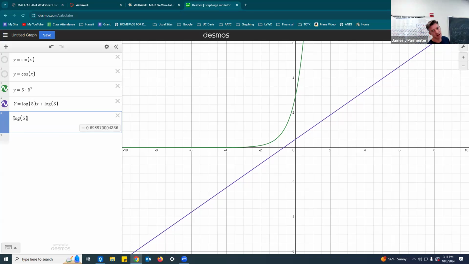I had no idea. So this is useful because it helps us see that, okay, if we have some sort of exponential relationship and we take the logarithm of all the y values and then graph that, it will be a linear relationship.